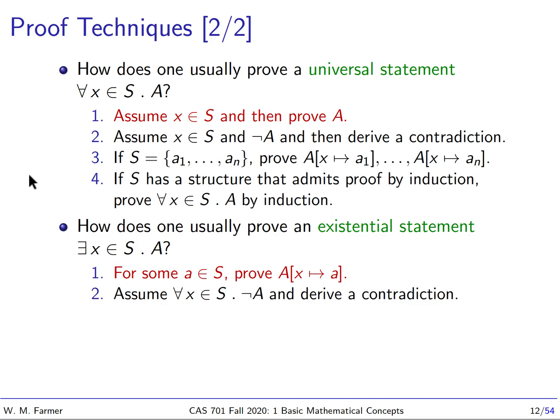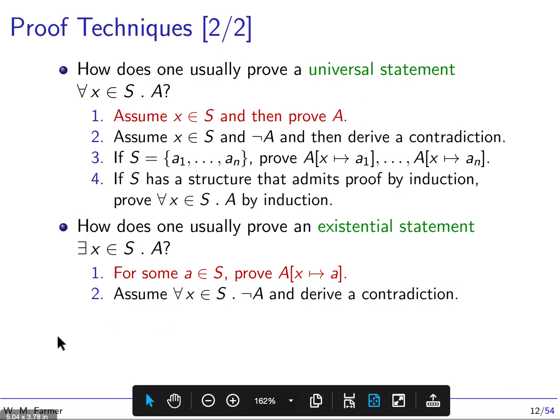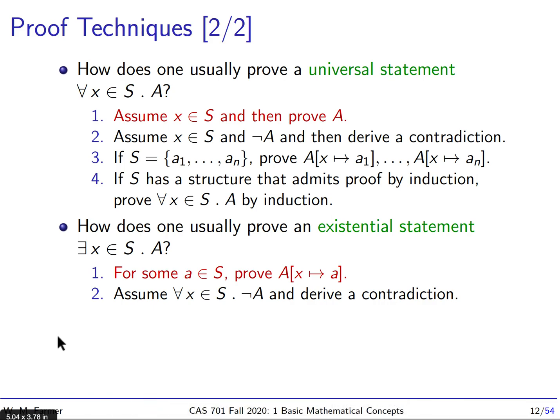So basically what we're doing is we're proving that A holds for a particular member of S. So that's the standard way of proving an existential statement. We could also take the negation of the existential statement, which will be the universal statement that for all X in S, the negation of A holds. And then from that we'll derive a contradiction.